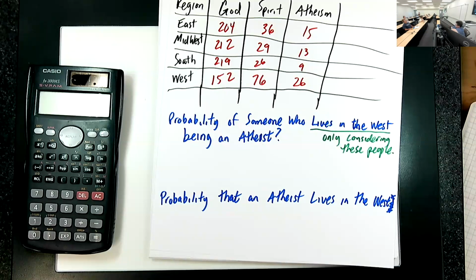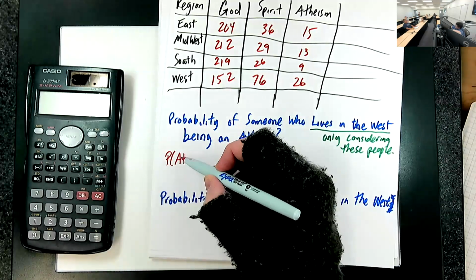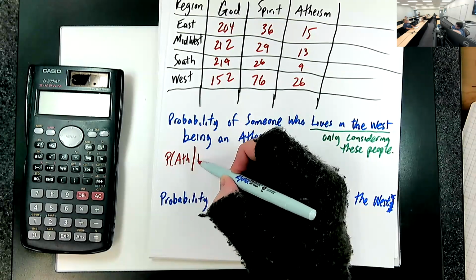So if we're only considering those people, the way they're writing this is the probability that someone is an atheist given that they live in the West.